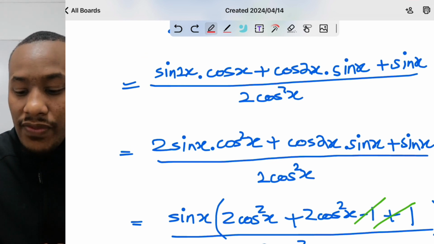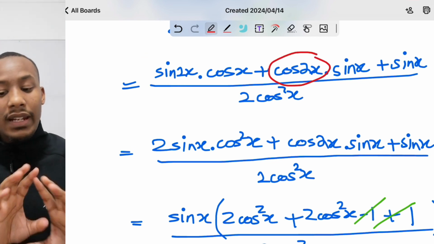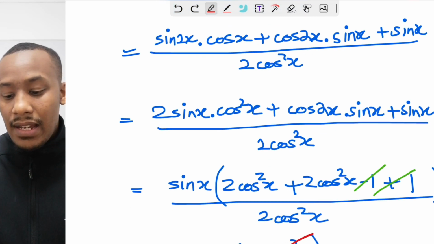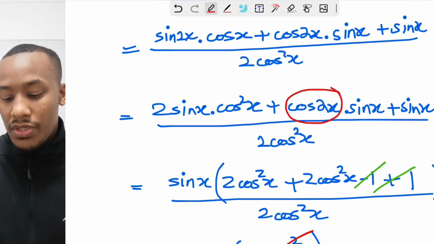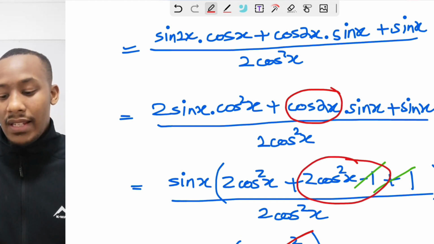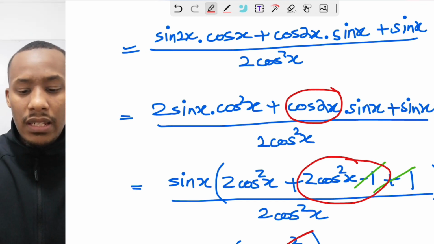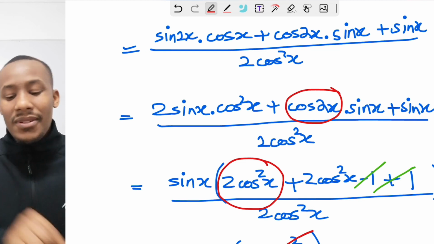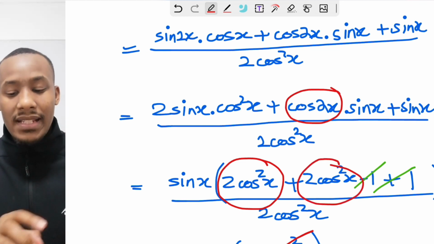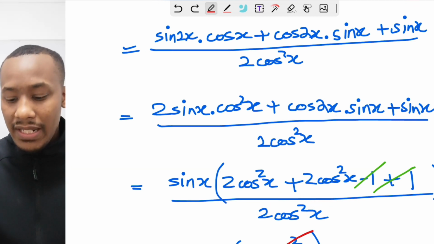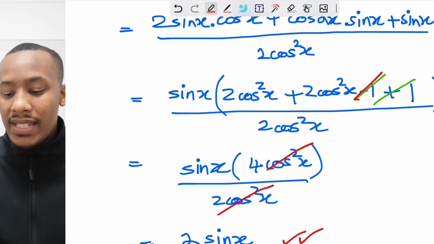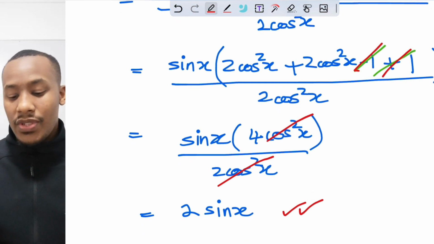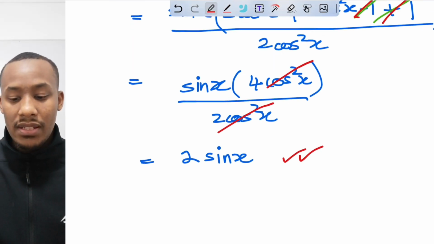Over here I didn't know what identity to use yet, so I left it as cos 2x. But in the next line I immediately knew what identity to use, so I changed it to 2 cos squared x minus 1. The reason I chose this identity is because I saw I also have a 2 cos squared x, and we could add them as like terms. Also the 1s cancelled, which was a bonus. You could see the cos squared also cancel, and we ended up with our final answer.